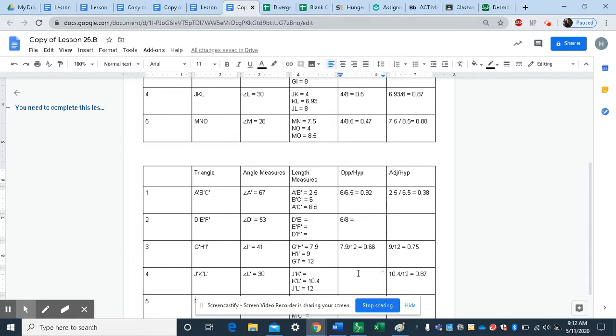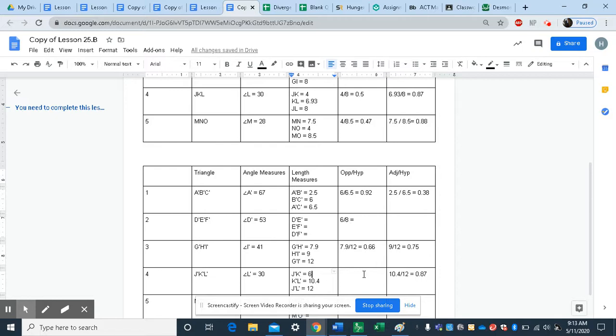So now we need to find our J prime K prime. So let's use our JL and our J prime L prime. So we're going to do prime divided by original. So we're going to do 12 divided by 8, and we get 1.5 again. If you're wondering how I figured out that I put the adjacent instead of the opposite, it's because of that 1.5. Because if you did 4 times 1.5, you do not get 10. 4 times 1.5 gives you 6, which is how I knew that I had the adjacent instead of the opposite.